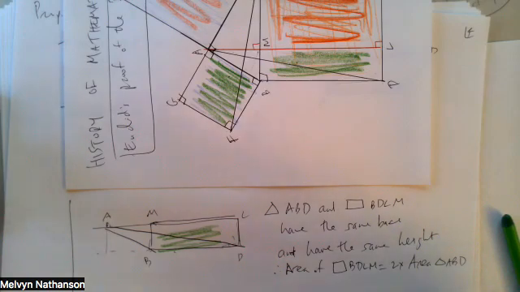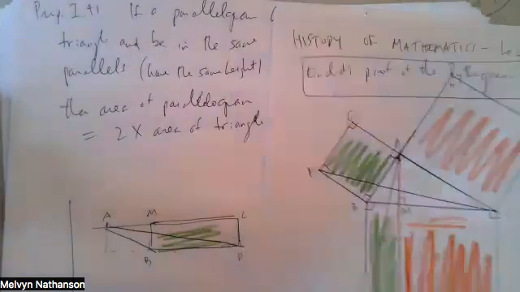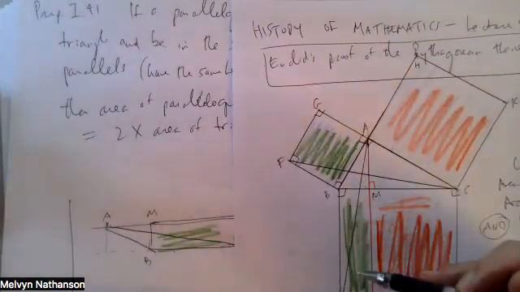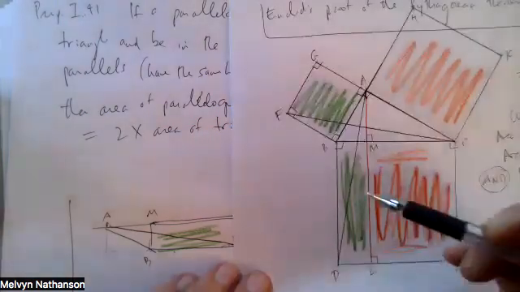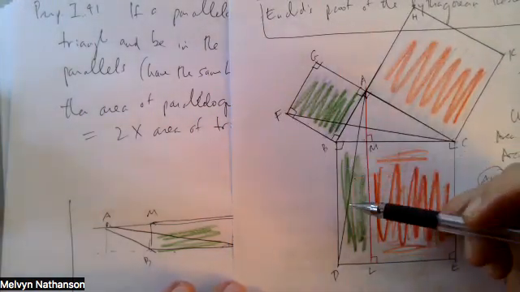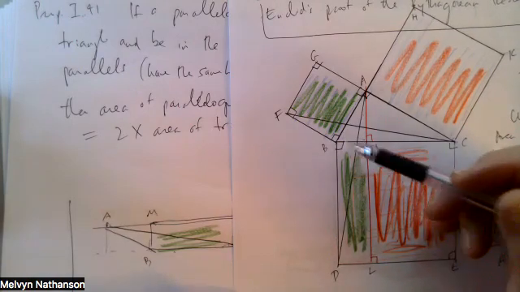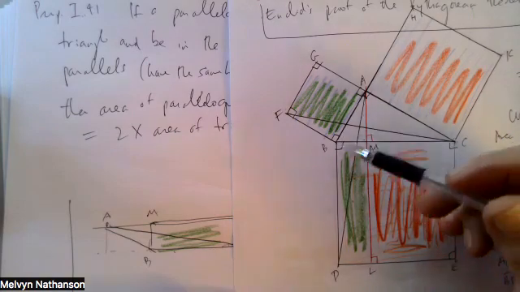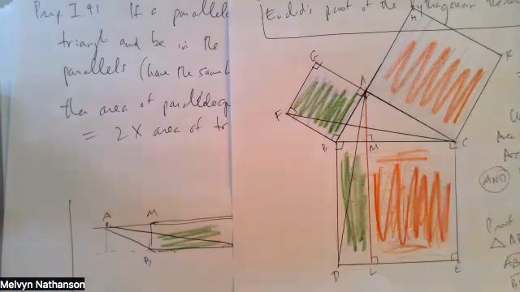Okay. So if we come back to our picture, I have this green rectangle, this tall, skinny rectangle, and I have the triangle ABD. They have the same base and the same height, so the area of the rectangle is 2 times the area of the triangle.